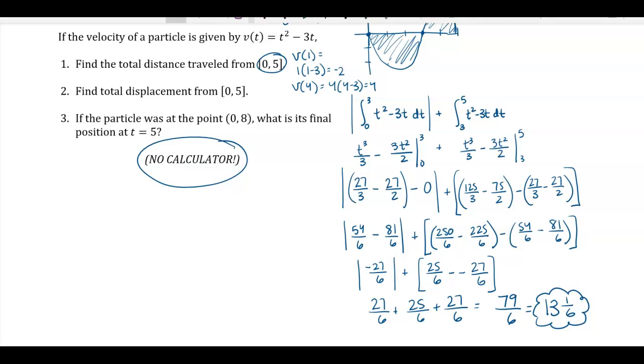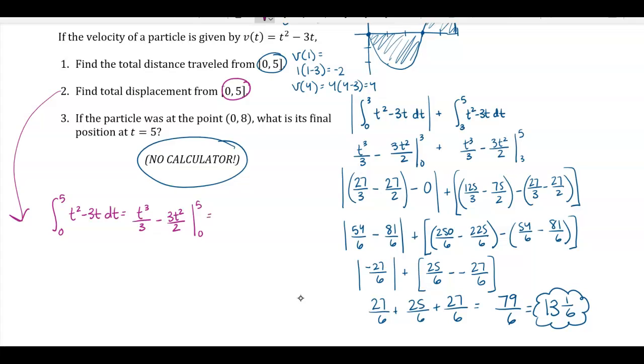So for displacement, for part 2 here, we just want the overall integral from 0 to 5 of t squared minus 3t. So t cubed over 3 minus 3t squared over 2 from 0 to 5.